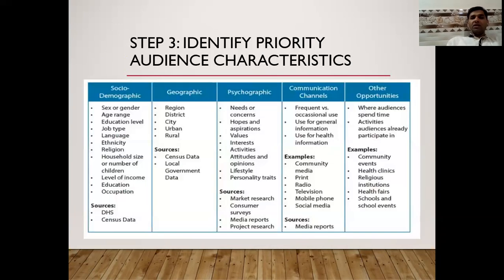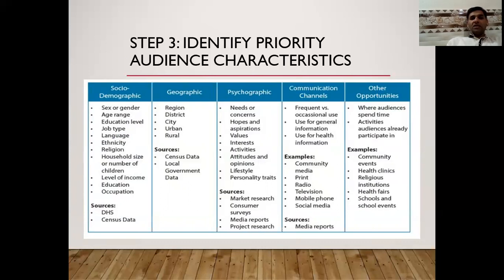Step number 3, identify priority audience characteristics. You need to know socio-demographic, geographic, psychographic, communication channels, and other opportunities. In socio-demographics, you can see sex, gender, age range, education level, job type, language, and so on. Geography: the region, rural, urban. You can get it from census data, local government.